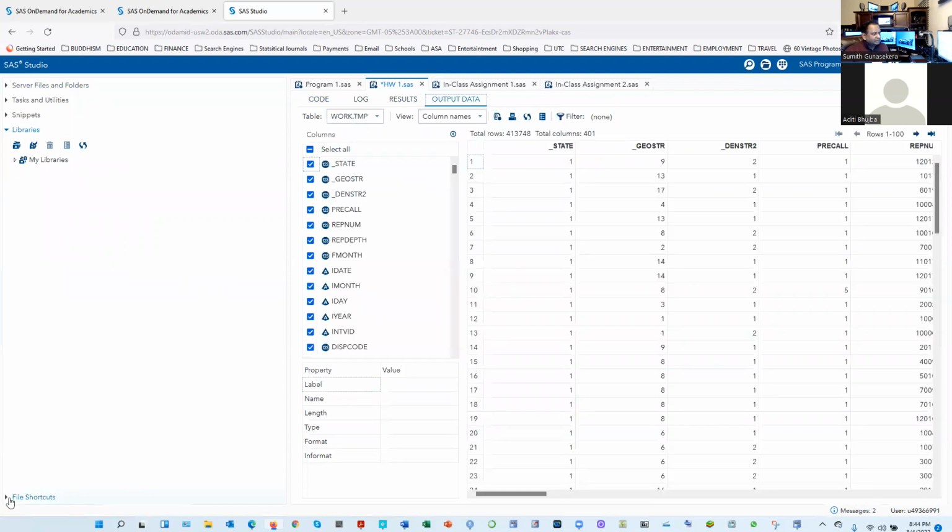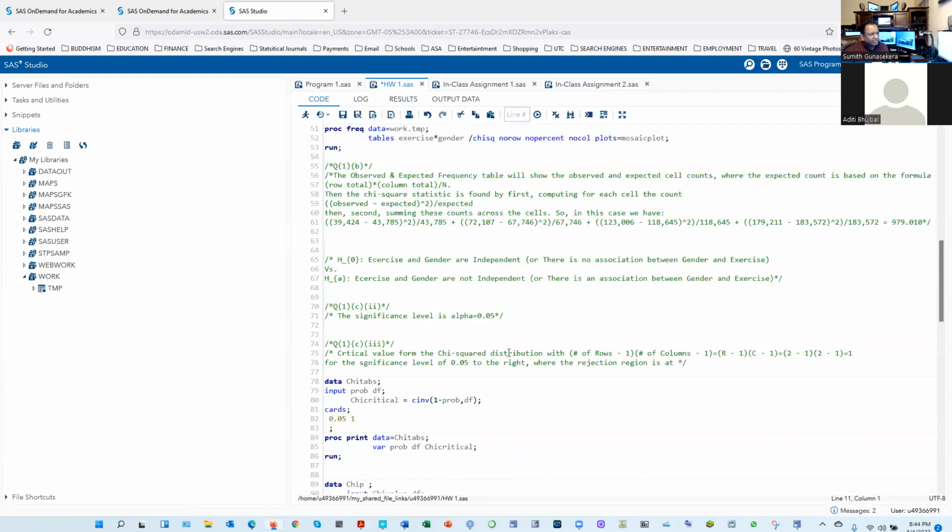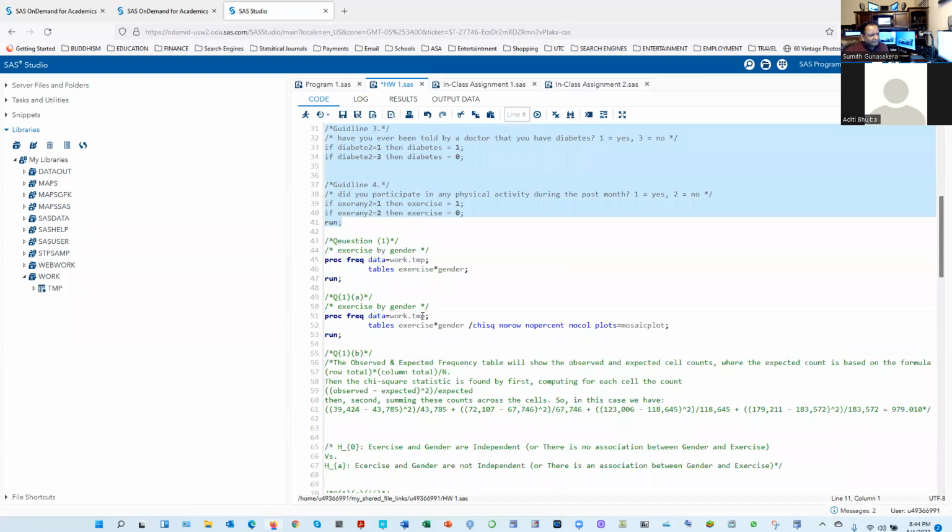Yeah, so we should mean this one now. See, TMP, so we don't have errors. Good. Okay, question one is exercise by gender.